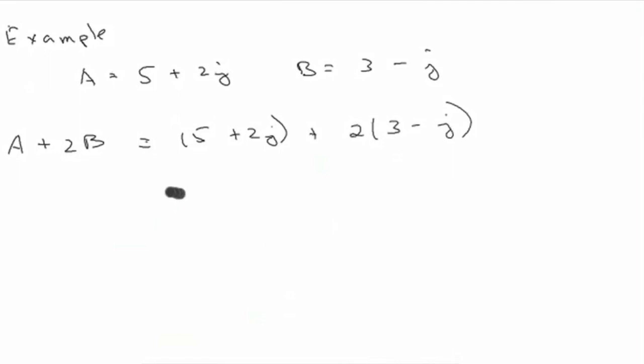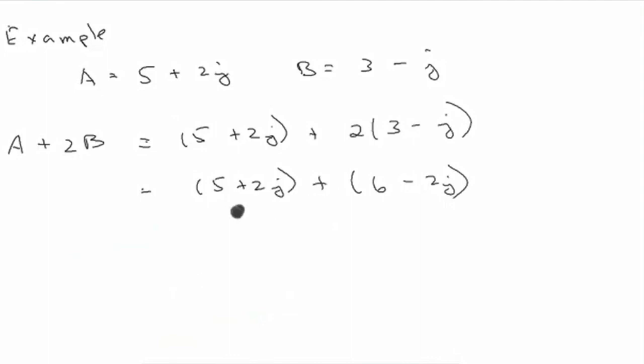So this will be 5 plus 2j plus 2 multiplied by 3 minus j. So 2 multiplied by 3, that will be 6. Then 2 multiplied by minus j, that will be minus 2j.